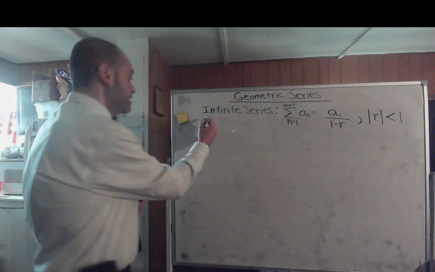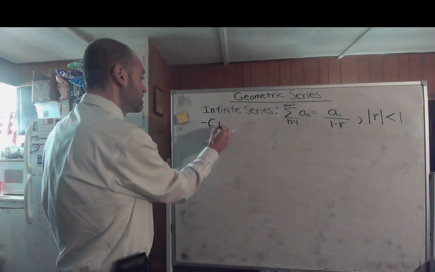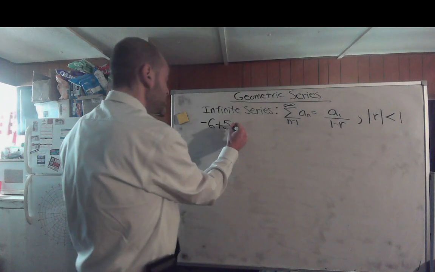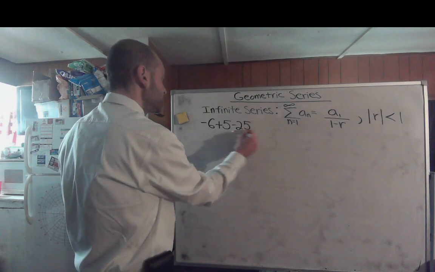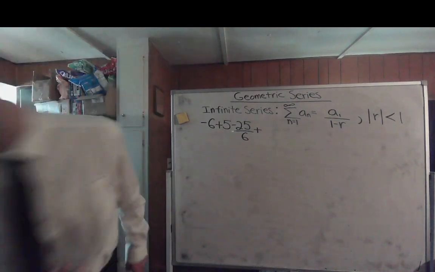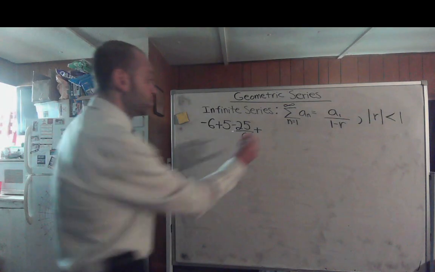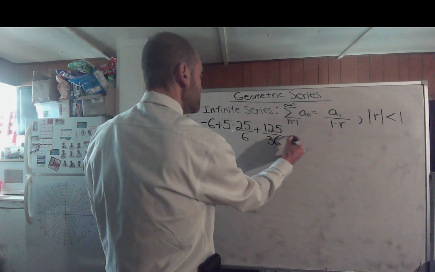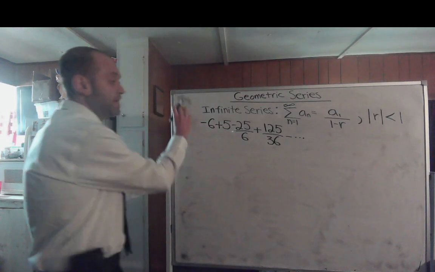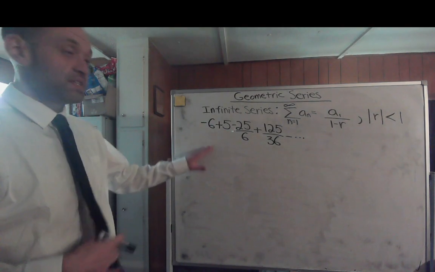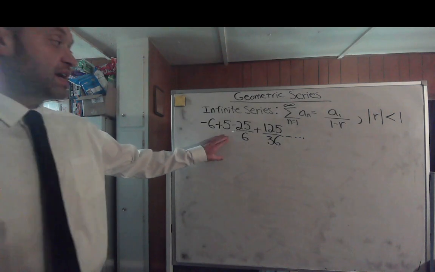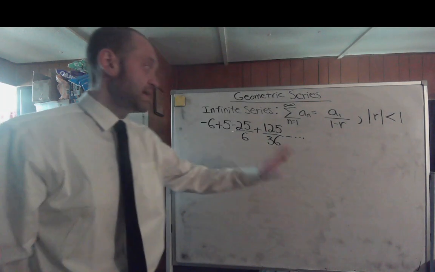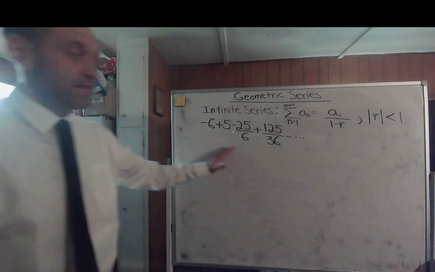Let's see, we have negative 6 plus 5 minus 25/6 plus 125/36 minus ... So we have another infinite series here, negative 6 plus 5 minus 25/6 plus 125/36 minus ... This just goes on infinitely.